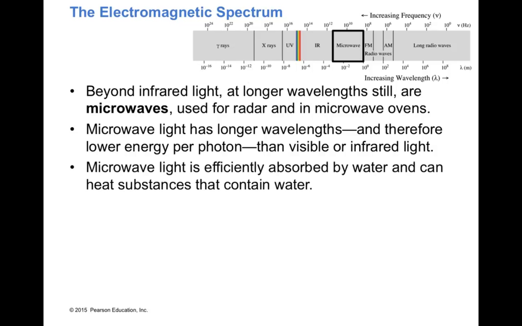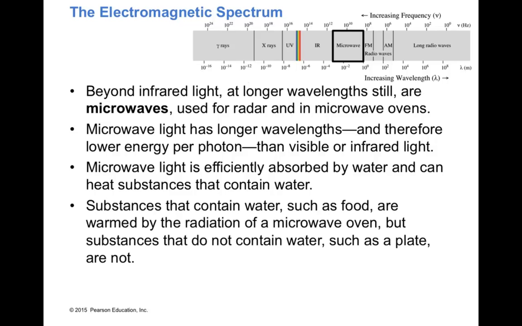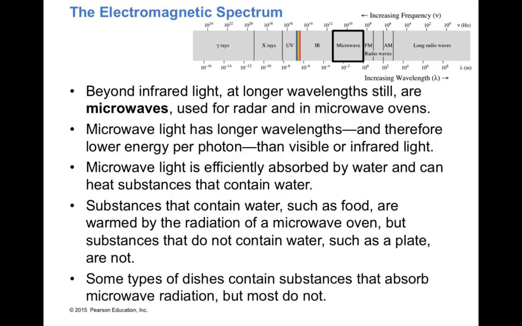Microwave light is efficiently absorbed by water and can heat substances that contain water. Substances that contain water, such as food, are warmed by the radiation of a microwave oven, but substances that do not contain water, such as a plate, are not. Some types of dishes contain substances that absorb microwave radiation, but most do not.